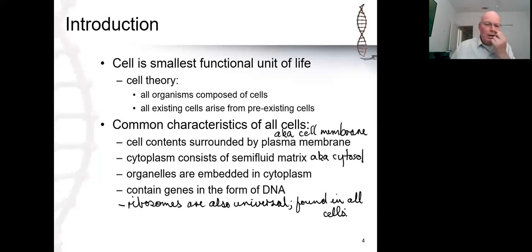So again, irrespective of whether you consider ribosomes to be organelles or something else, they are universal. So we'll put these in because that's a common characteristic of all cells, the presence of ribosomes.